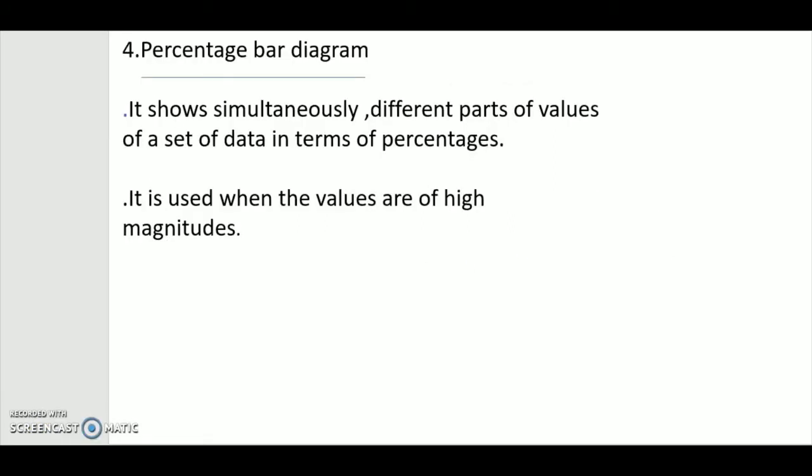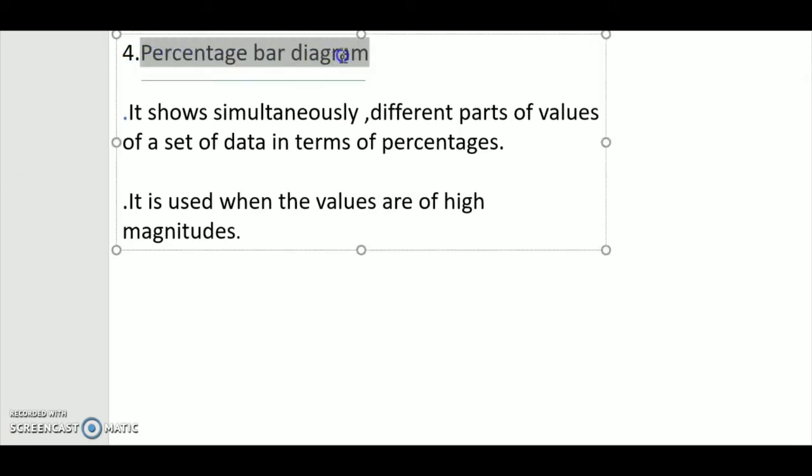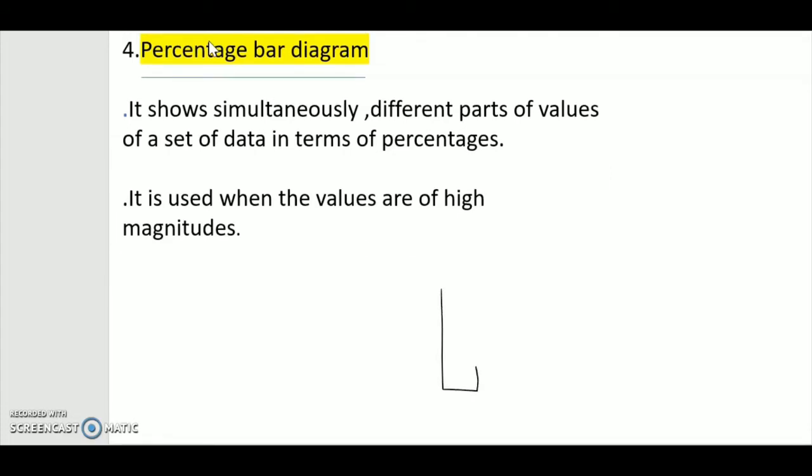Now we are going to see what a percentage bar diagram is. Don't be confused between the percentage bar diagram and the component bar diagram, because both have some similarities and at the same time it is different. In the percentage bar diagram, we are dividing the total value into different components.